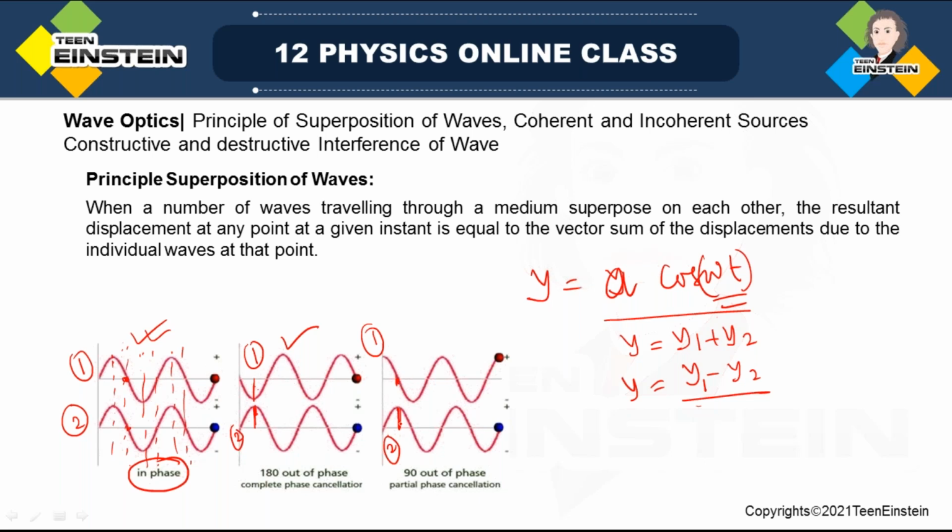If zero occurs for one and at the same place maxima occurs for wave 2, then these two waves are called 90-degree out of phase, as you can see. So there is a partial phase cancellation.